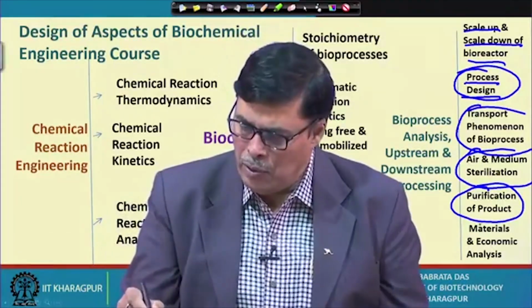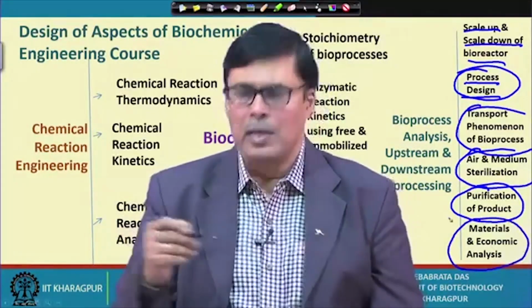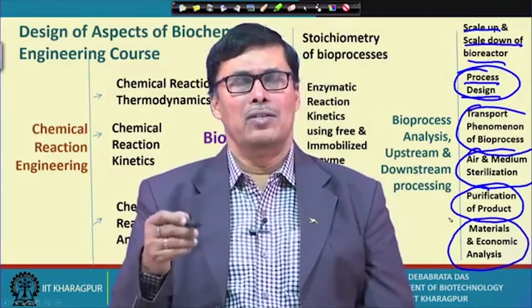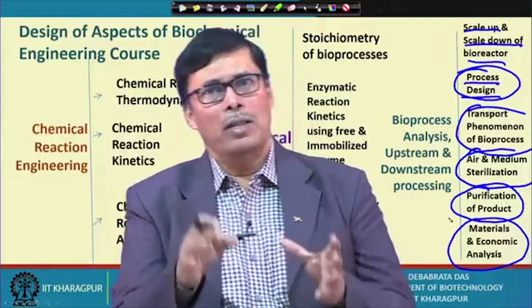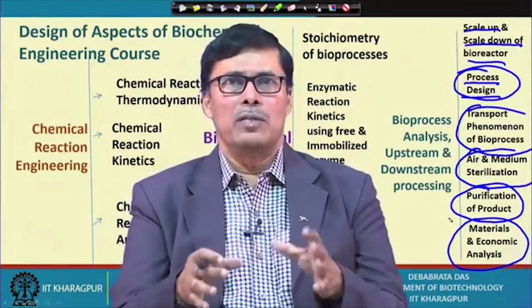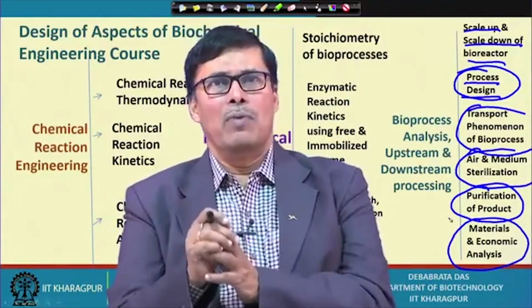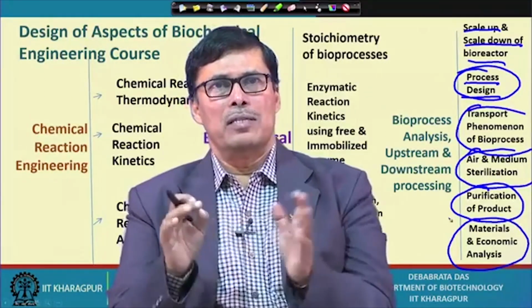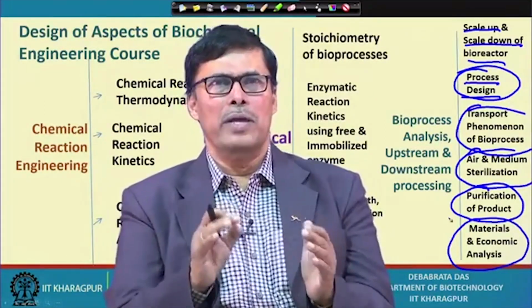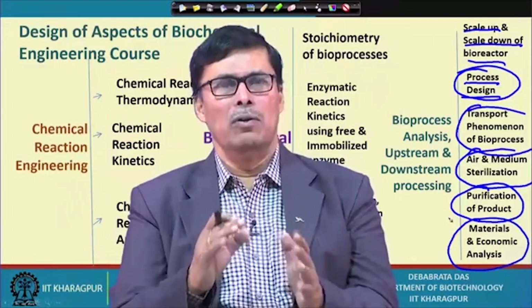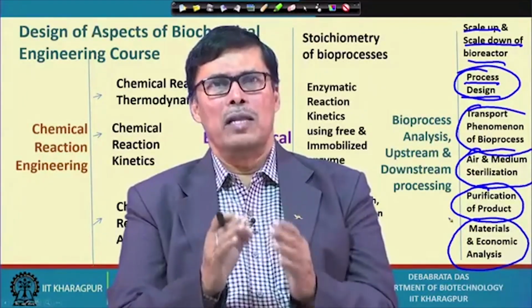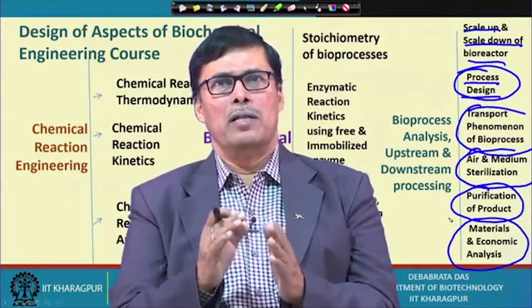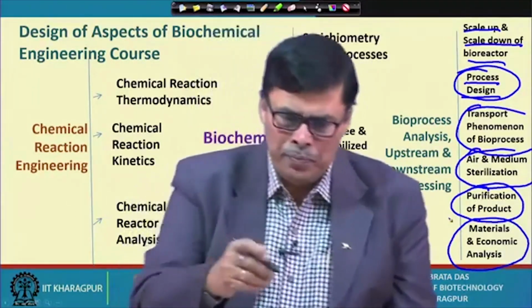And finally we did the material and economic analysis of the process to give you an idea of how you can apply whatever knowledge you acquired during this course in a real fermentation process. So this is the way we have designed the whole course. I hope it will be very useful for those who are really working with biochemical processes.